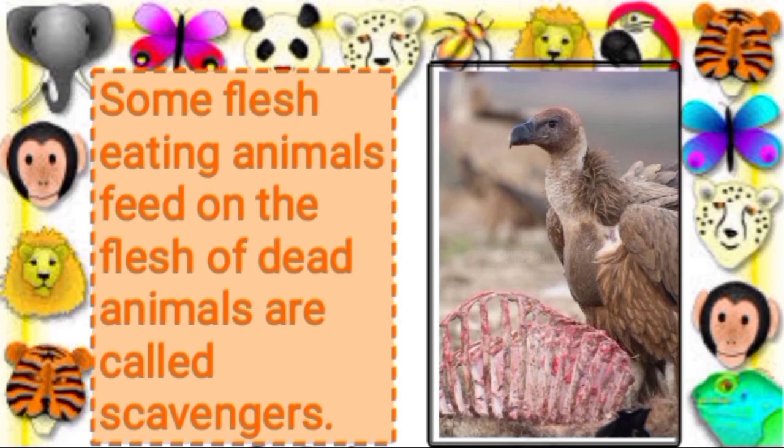Technically this poor deer was not a predator's leftover meal, but an animal that was killed from some other factor like accident or disease. So some flesh eating animals that feed on the flesh of dead animals are called scavengers.